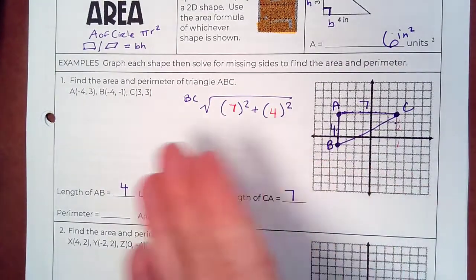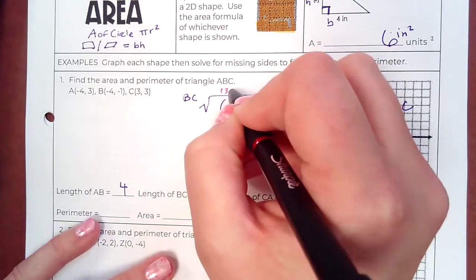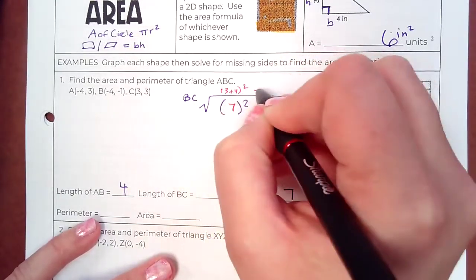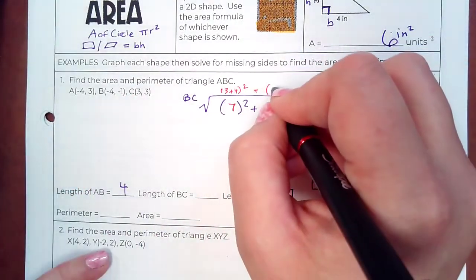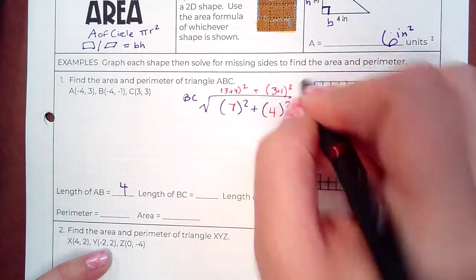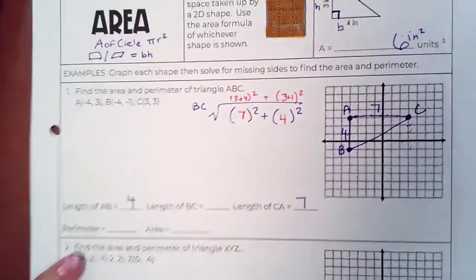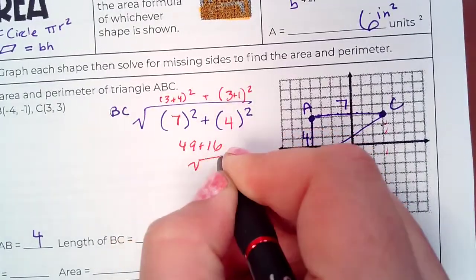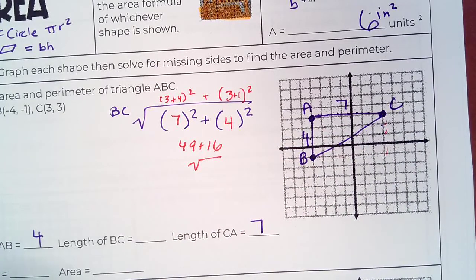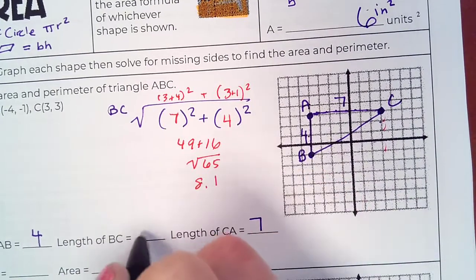And of course you could use your entire distance formula. I could have done that, but I could just make it a little bit easier and look at the graph. So this is 49 plus 16, so square root of 65. And I'm going to round to tenths, so 8.1.